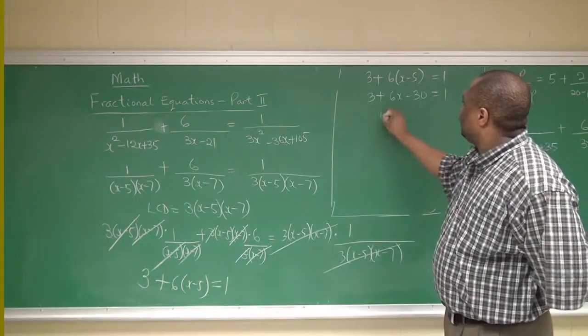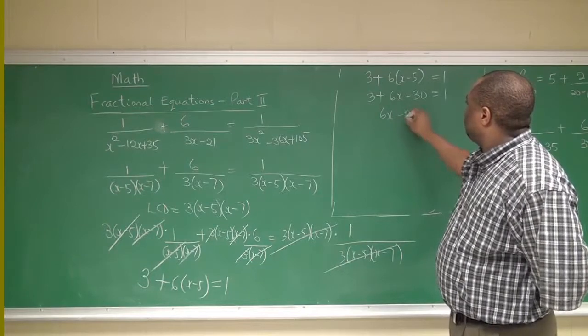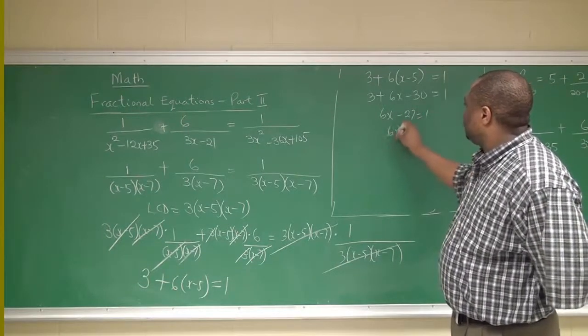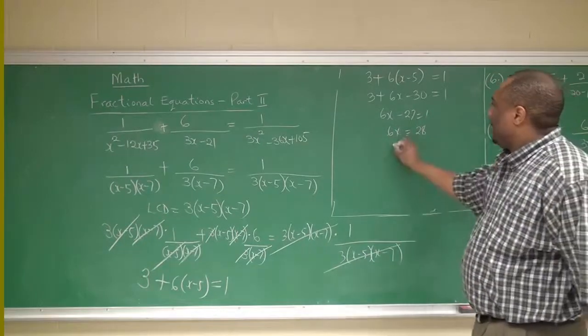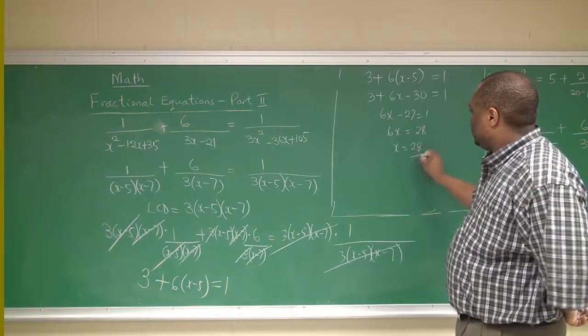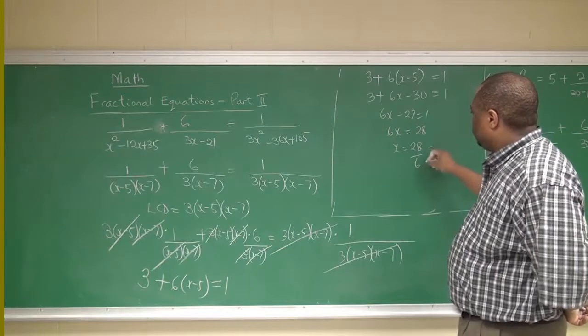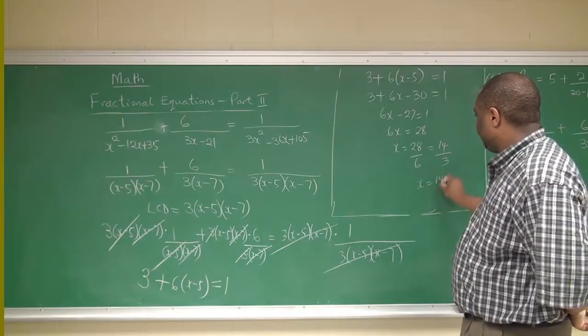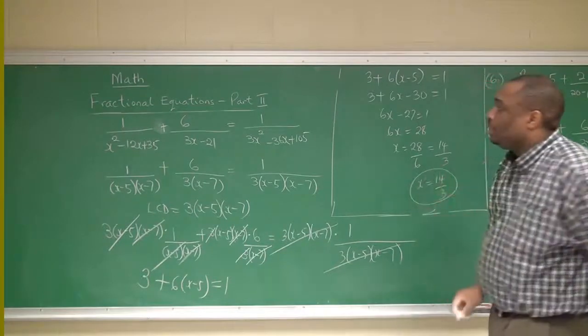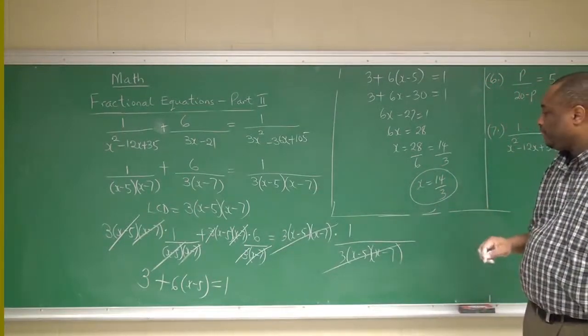So this will be 6x minus 27 equal to 1. 6x will be 28, that's 1 plus 27. And x will be 28 over 6, which is, 2 into 28 is 14, 2 into 6 is 3. x is 14 over 3. Okay? x is 14 over 3.